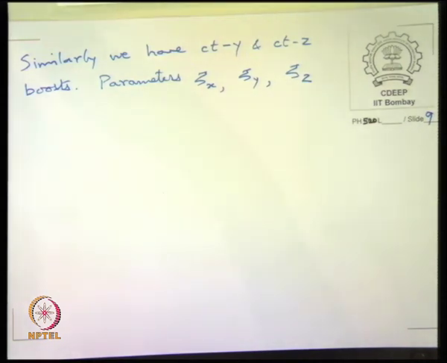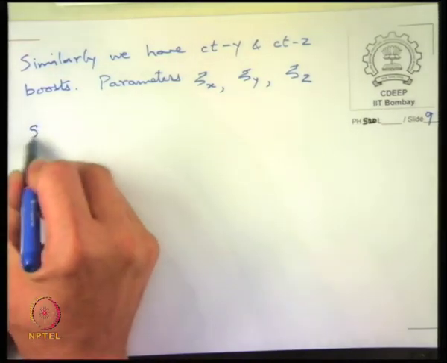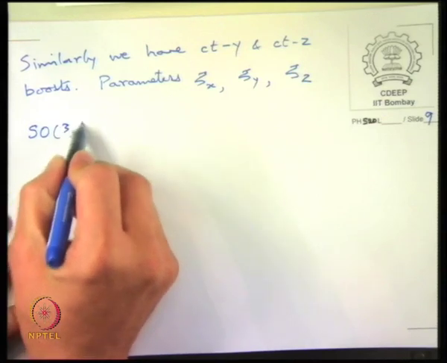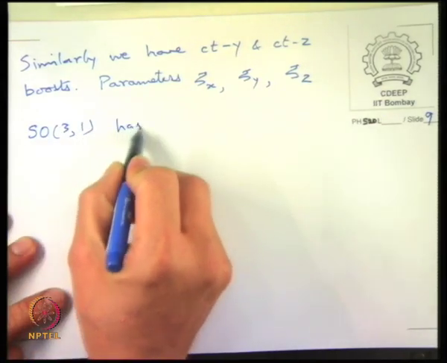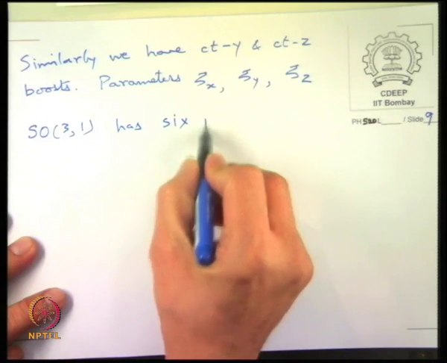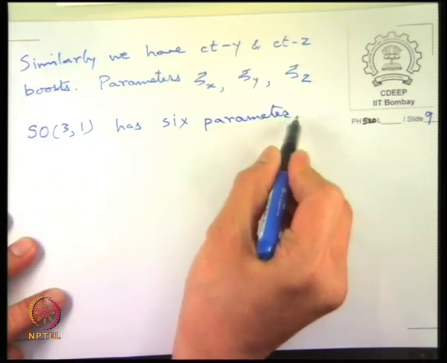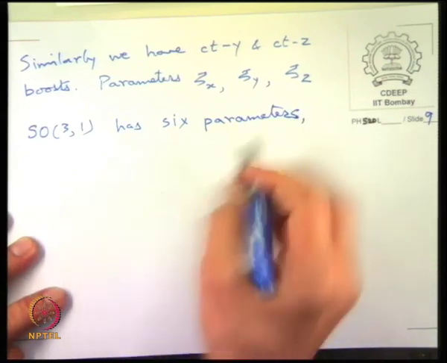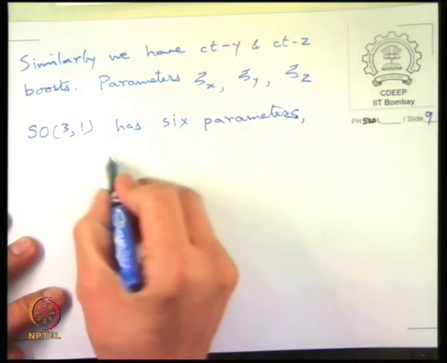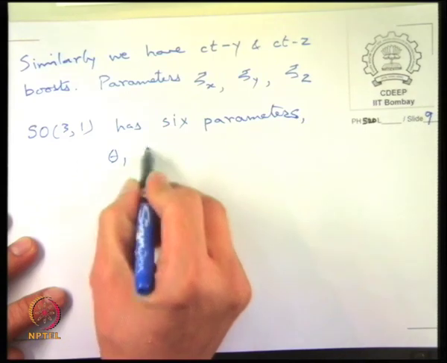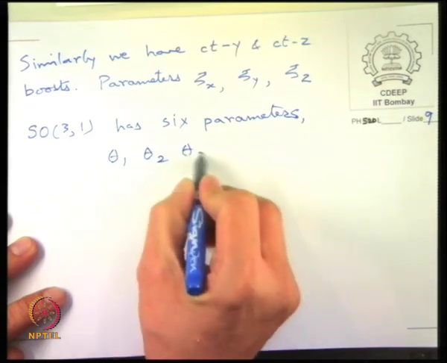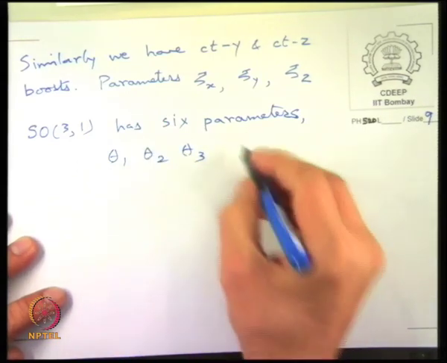So SO(3,1) has totally 6 parameters. So we could have called them psi1, psi2, psi3 also, theta1, theta2, theta3, the 3 rotations and the 3 boosts.